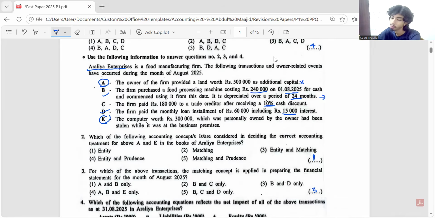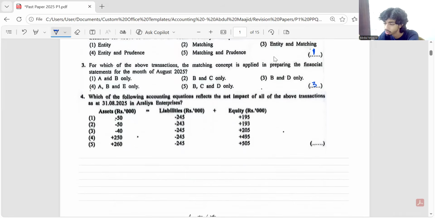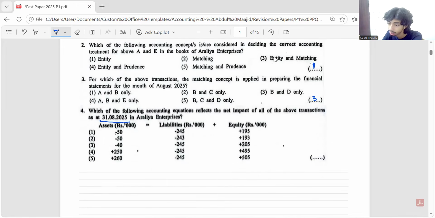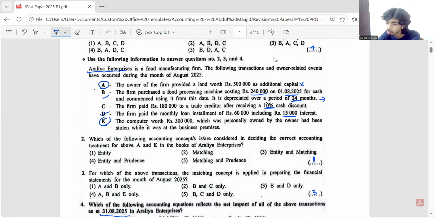Answer number 3. Fourth one, which of the following accounting equation reflect the net impact of all of the above transactions as at 31st of August 2025 in Aurelia Enterprise? Asset equals liability plus equity. So the owner of the firm provided a land worth 500 as additional capital.